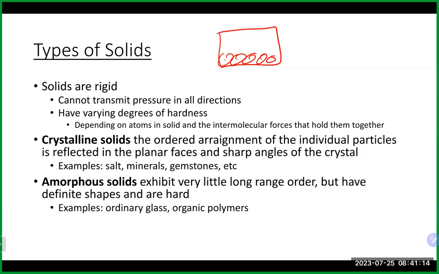They lack the energy to get around from one another. There's a couple of types of solids. There's crystalline solids, which are very ordered arrangements of atoms and molecules and particles, like ionic substances. There's also amorphous solids, which exhibit very little long-range order, things like glass and organic polymers as well.